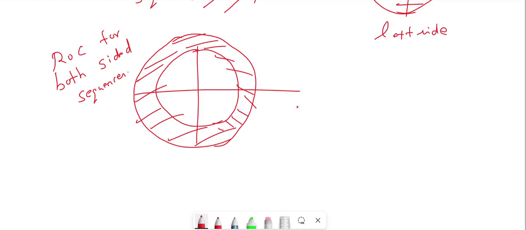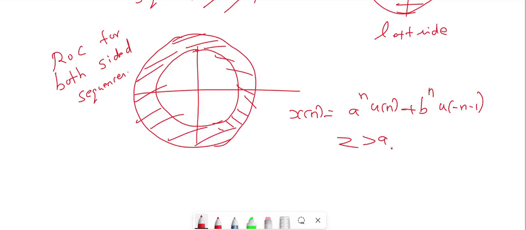So you can take some example. x of n is equal to a power n u of n plus b power n u of minus n minus 1. So z is greater than a, and here z is less than b. So z is greater than a, this is a.